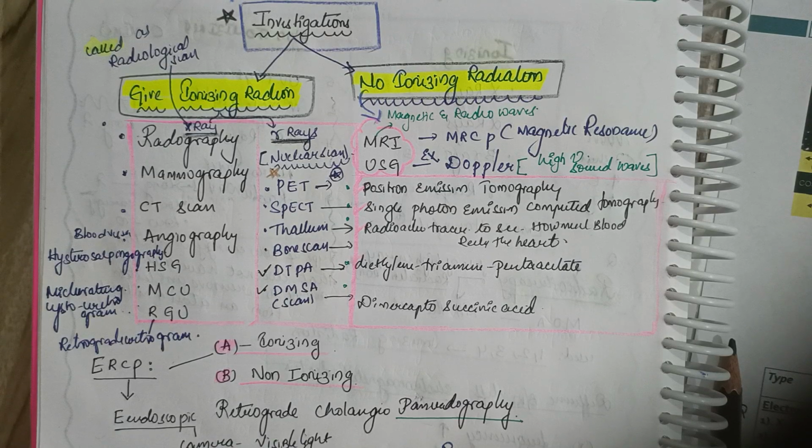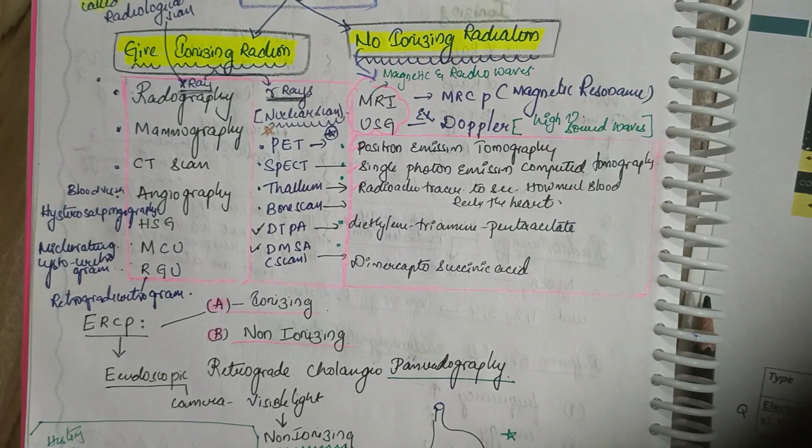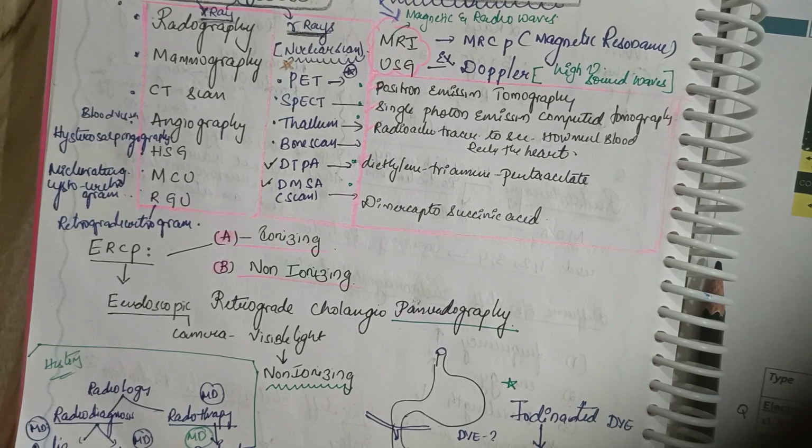Now we have a simple example to understand. You have something known as ERCP, that is endoscopic retrograde cholangiopancreatography. Now, what type of radiation is it? In the endoscopy, you have a camera that uses visible light, so that is non-ionizing.